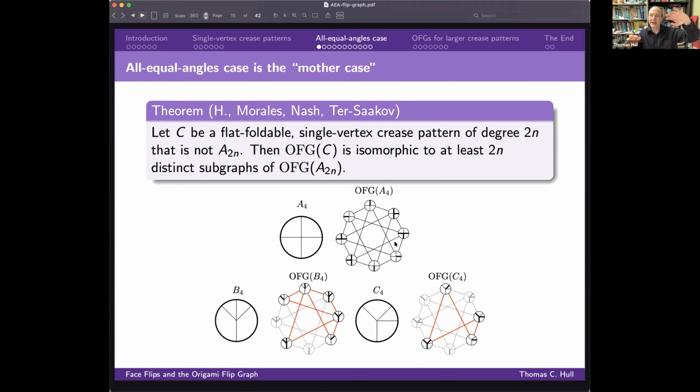And so there's no way to get from some mountain valley assignments to some others. I know that's not very convincing, but we did find examples where it's not connected for a single vertex. And especially it has to do with whether certain big things are nested inside each other. There are things that can happen like that.